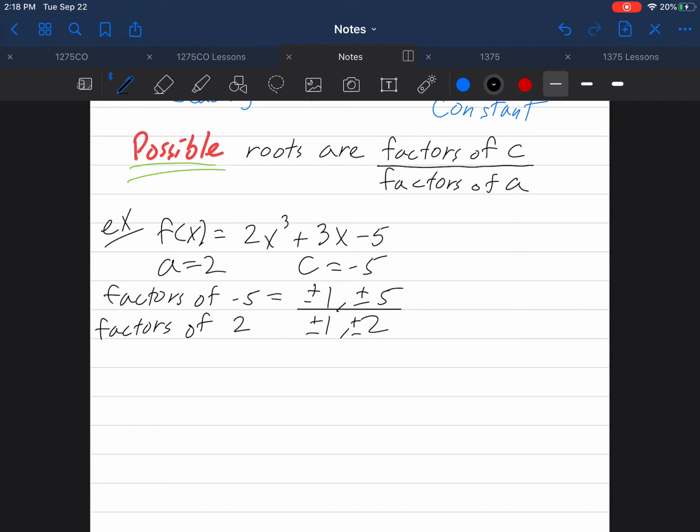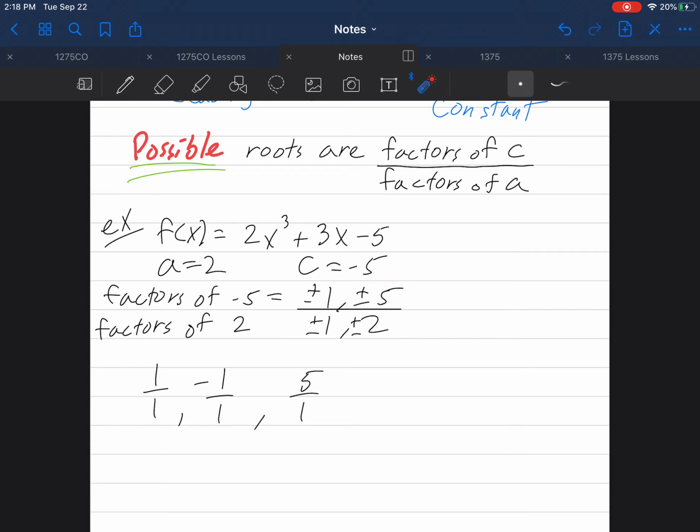One of them is going to be 1 over 1, right? That is 1 here over 1 here. Another one is going to be -1 over 1. That's this -1 divided by this +1. In addition to that, we're going to have possibly 5 over 1.